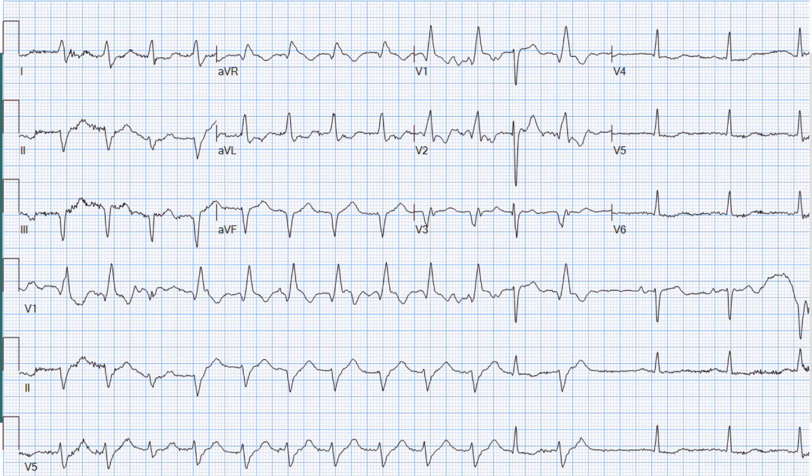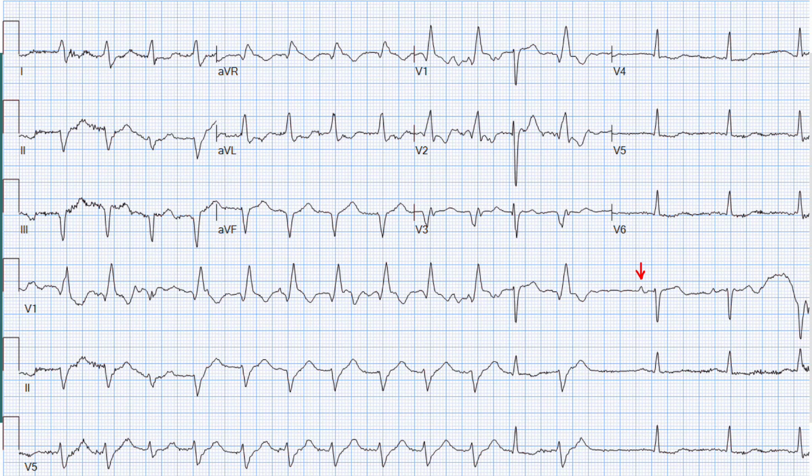I first start with trying to identify P waves, because the AV relationship is the most helpful tool by far. Looking at this tracing, I'm checking all the leads for P waves, but in particular, I know that there's a very good P wave in V1, so that's where I have the highest chance of seeing one.